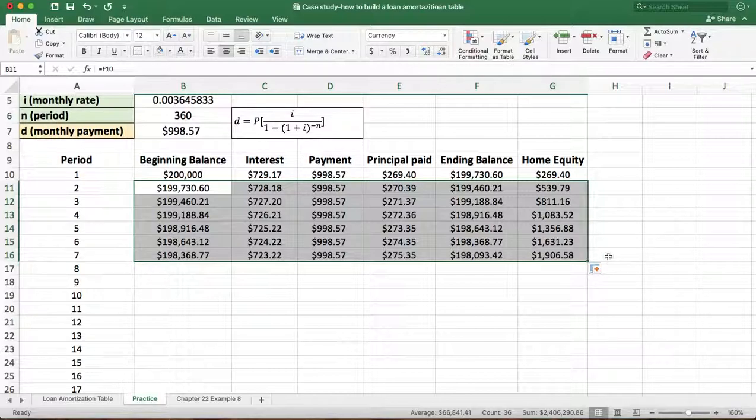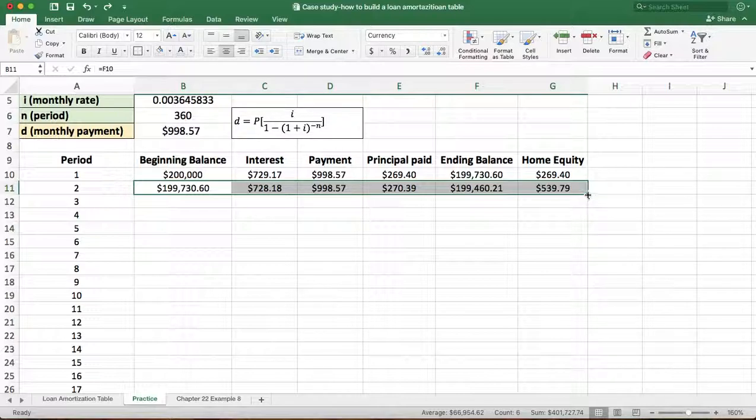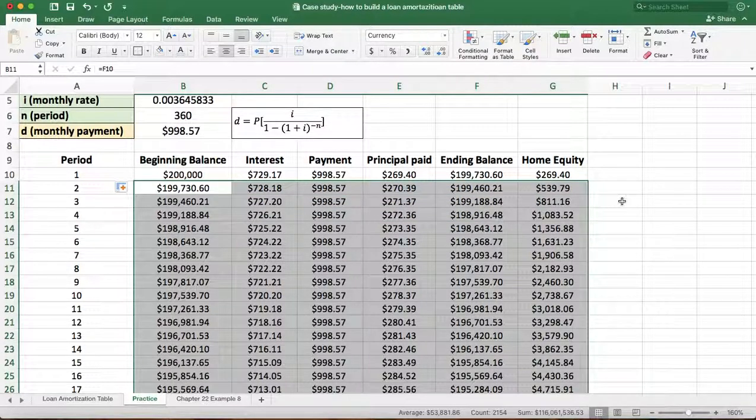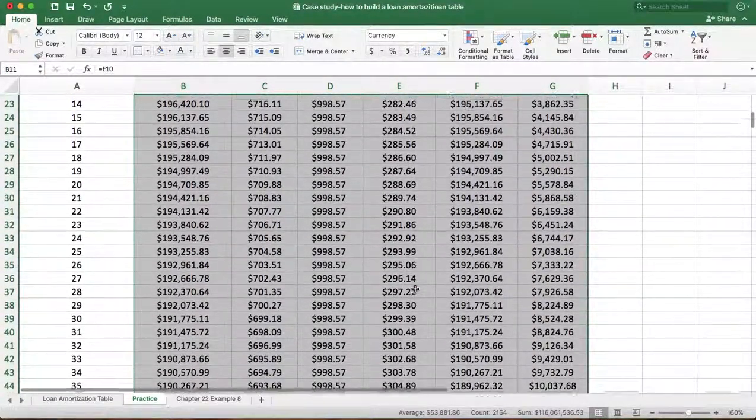But the quick way to do this is you just double click, because 360 periods is too big to write down. Double click.